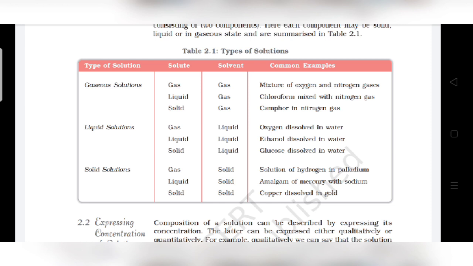So if you want to prepare a gaseous solution, then three possibilities are there. The solvent remains the same, that is gas, but the solute will change: gas, liquid and solid. Common examples of gaseous solutions are a mixture of oxygen and nitrogen gases, chloroform mixed with nitrogen gas, and the last example is camphor in nitrogen gas.